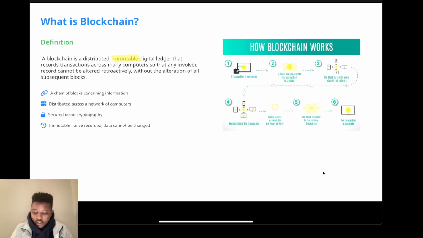Basically, we say it's a chain of blocks containing information, distributed across computers. So the information is in pieces, then it's distributed across computers.